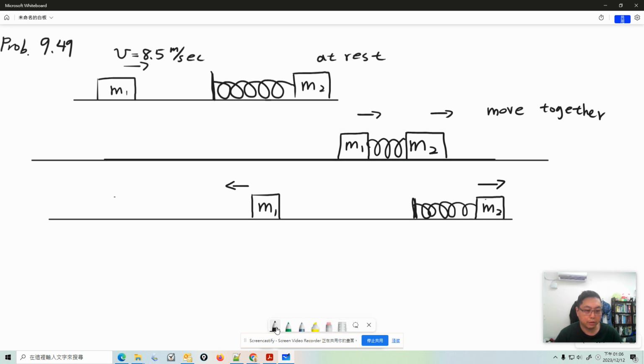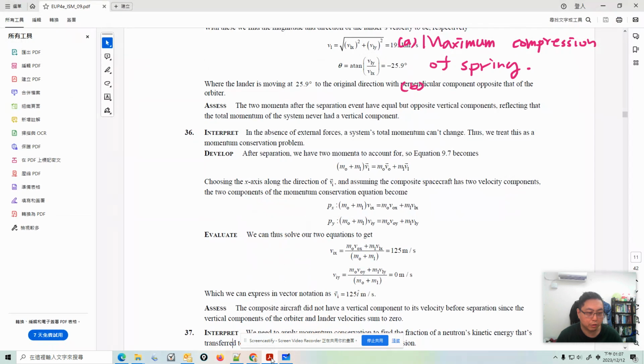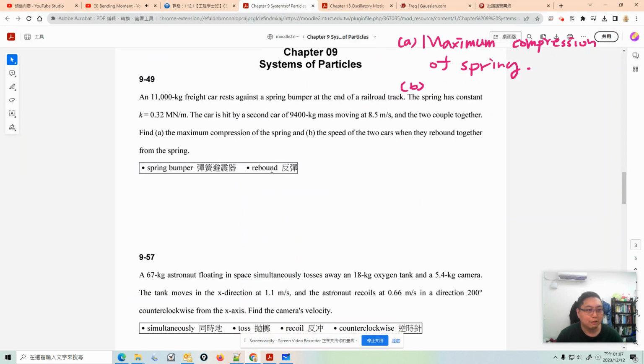Let me see what the problem wants. It wants us to find the maximum compression of the spring. That's the first question. What's the second one?